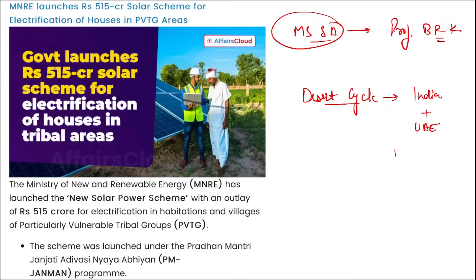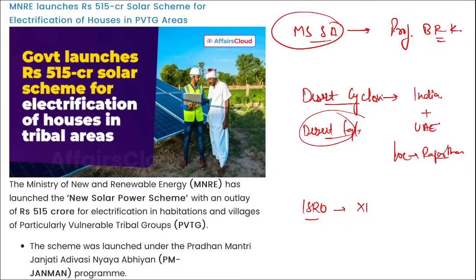It was held where? Location? Rajasthan. Right? Desert cyclone. Desert Eagle is also held between India and UAE only. Right? Then ISRO, they have launched Expo satellite using their PSLV C-58 rocket.